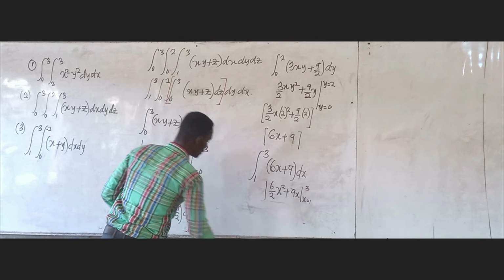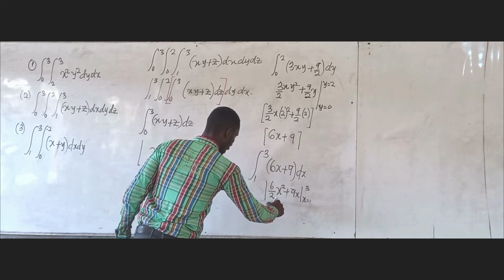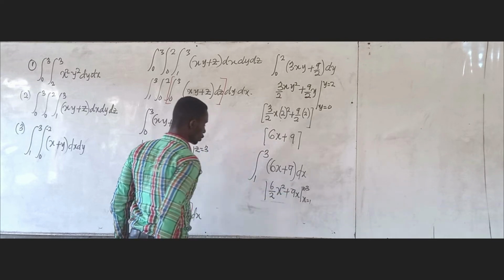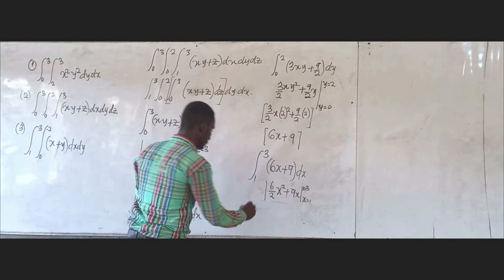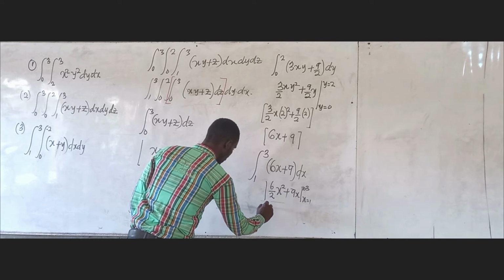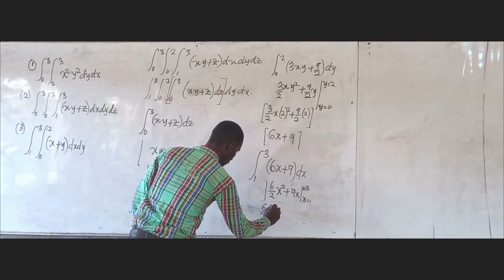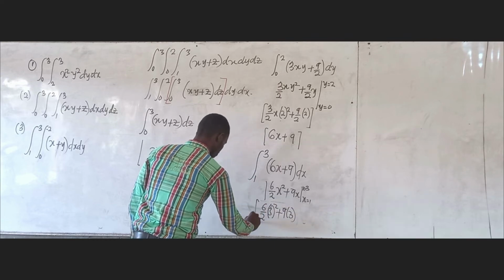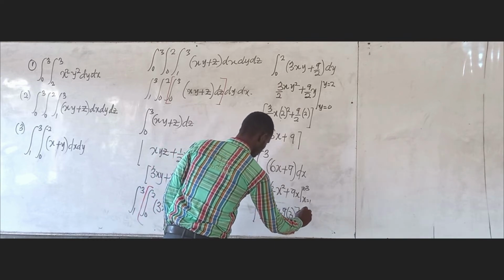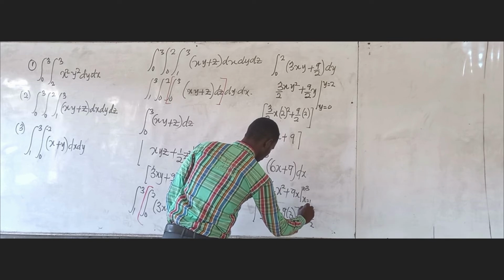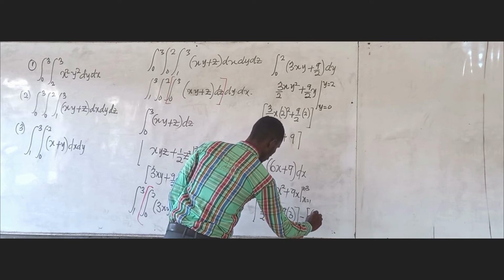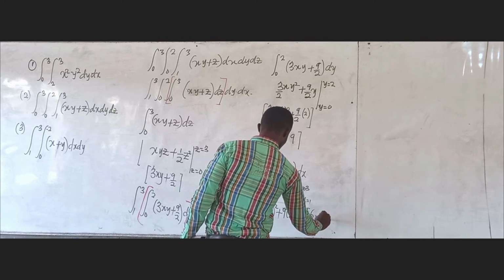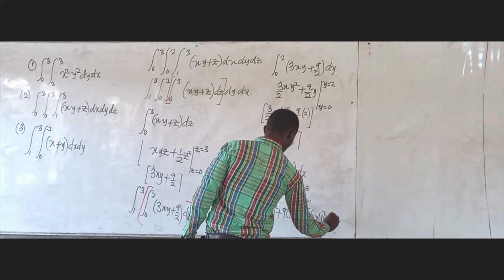Now, x equals 1 to x equals 3: 6 over 2 times 3 squared plus 9 times 3, minus 6 over 2 times 1 squared plus 9 times 1.